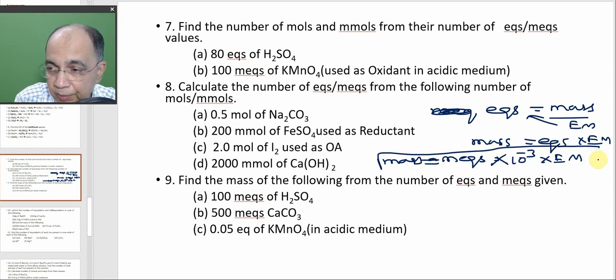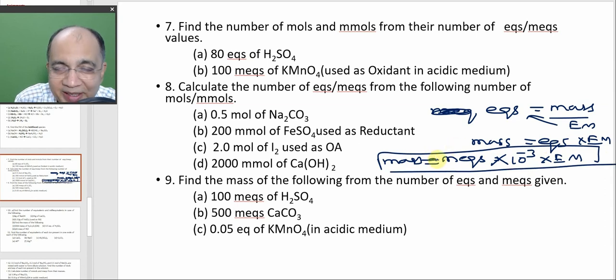So if milliequivalents are known, then milli is killed by either dividing by 1000 or multiplying by 10 to the power minus 3. So milli is gone. When this and this kill each other, it will be equivalents into equivalent mass. The number of equivalents into equivalent mass will give you the absolute mass.